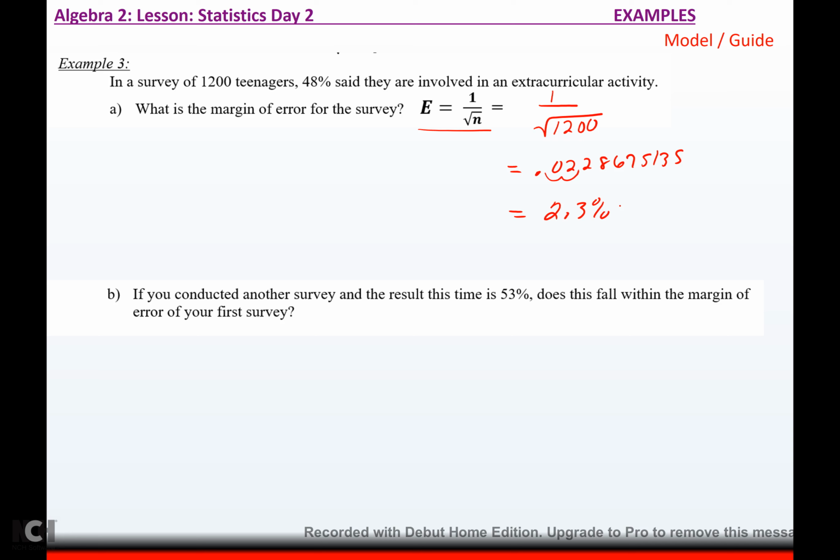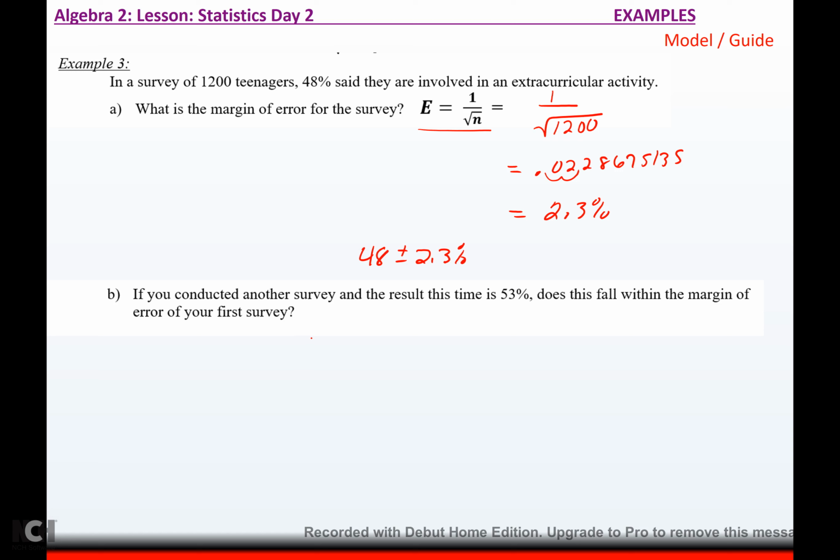So B says if you conducted another survey and the result this time is 53%, does this fall within the margin of error of your first survey? Well, if I did another survey, that means that my answers can be anywhere from 48 plus or minus 2.3%.